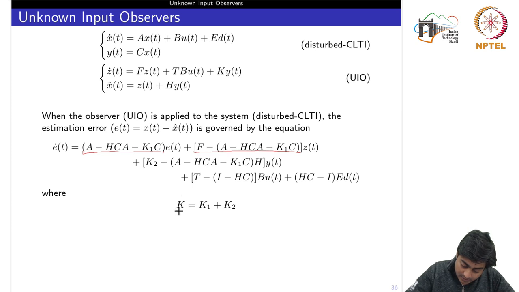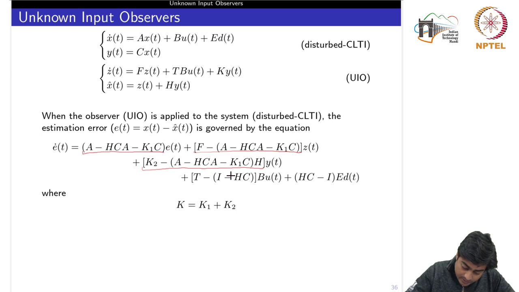Here we have introduced K as equal to K1 plus K2, and finally I can write the remainder as some matrix times y(t), some matrix times u(t), and some matrix times d(t).